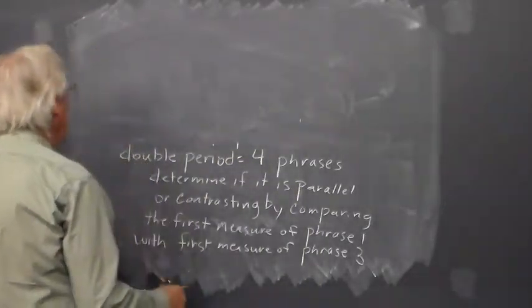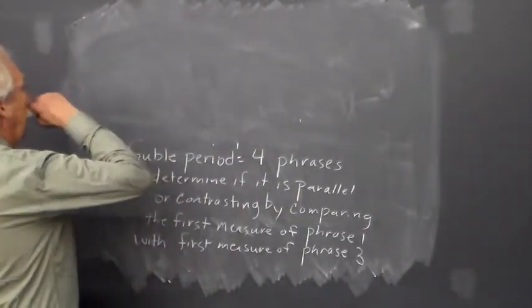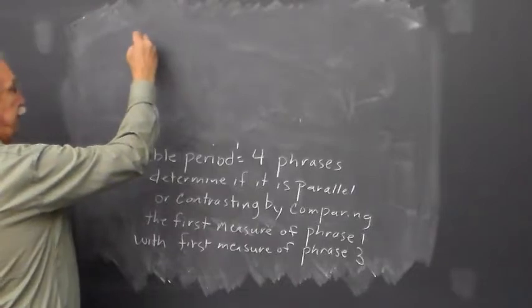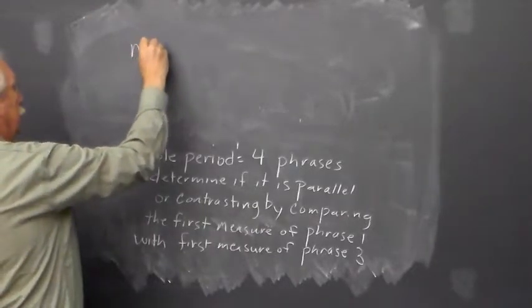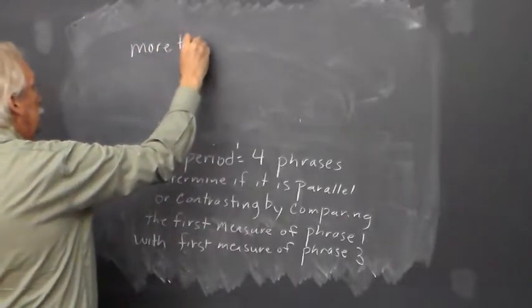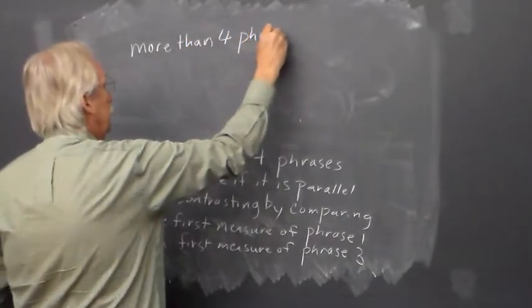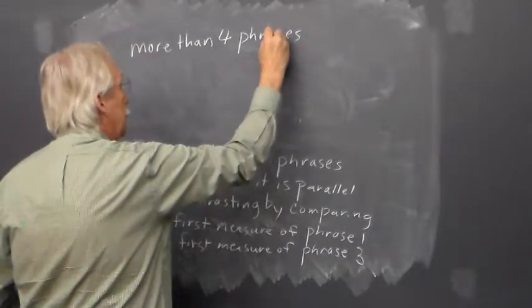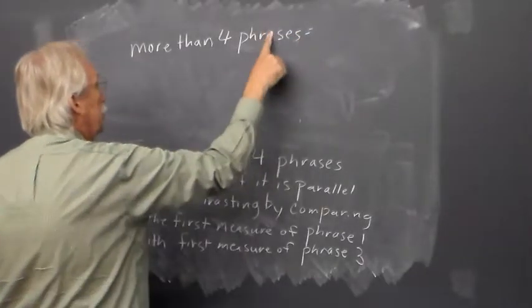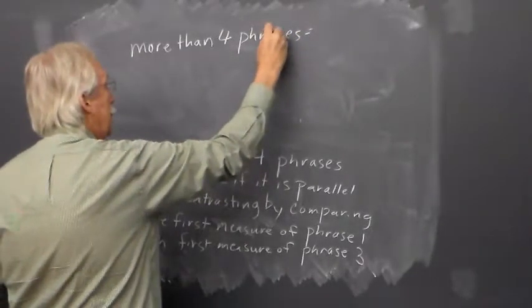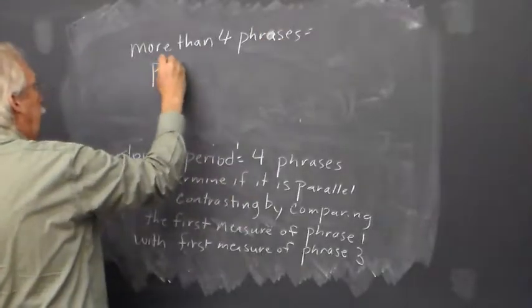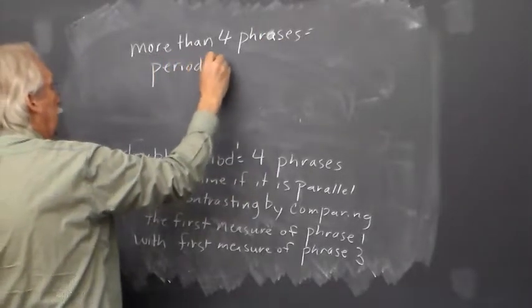All right, so if we had more than 4 phrases, that equals a period group.